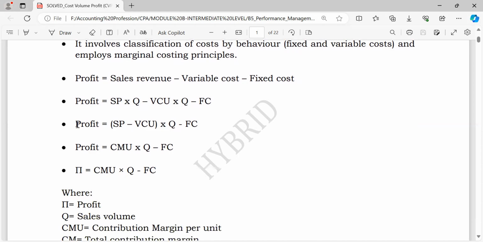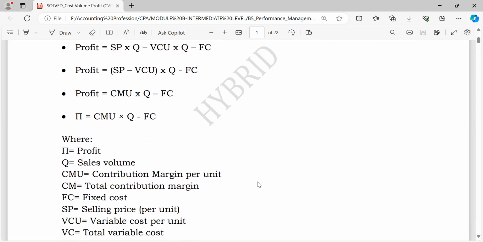It's a simple formula, but this formula is the basis of all of the cost volume profit analysis, right? So selling price minus variable cost per unit, we obtain contribution margin per unit, CMU, right? So simply speaking, profit equals total contribution, which is contribution margin per unit times total units, minus fixed cost, right? Okay, so this too is the other basic formula.